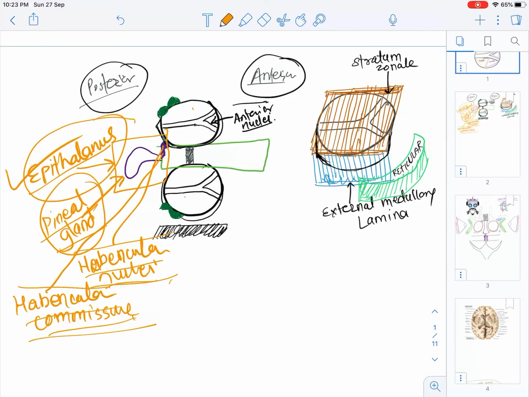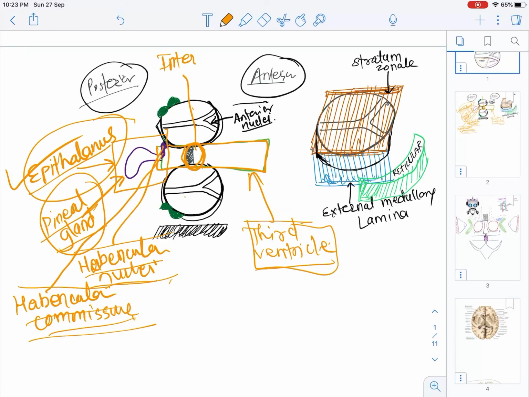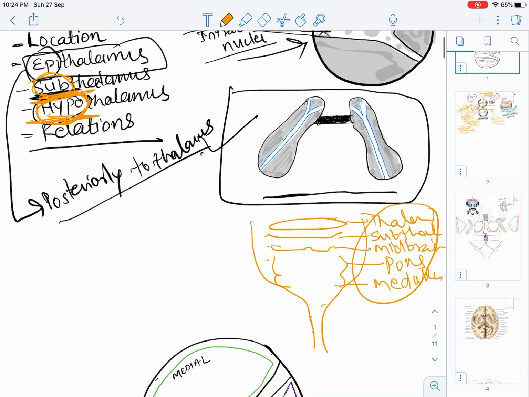These two are the thalami. Medially there is a structure; this is the third ventricle. So medially both thalami have the third ventricle. There is always a joining between the two thalami, called the interthalamic adhesion, through which both the thalami communicate with each other.